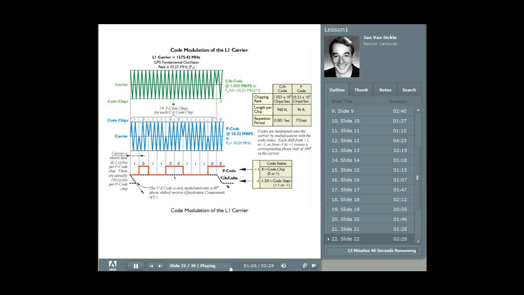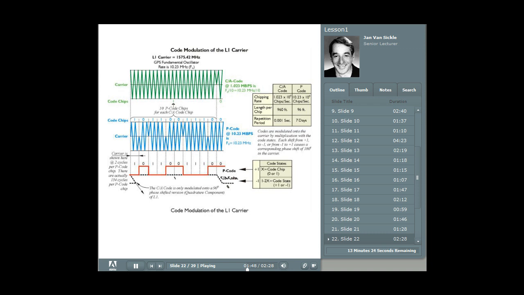This is the way that the square wave is perceived by the receiver. Now, of course, if there were no shift in the phase, then this would be just the pure carrier without any code. But the codes here, you see the chipping rate over on the right-hand side.